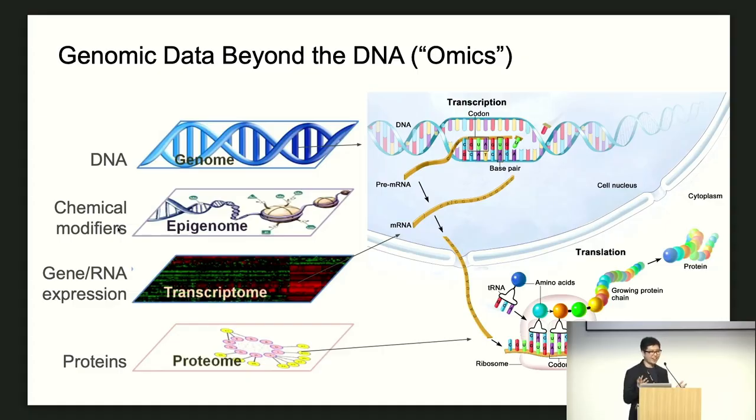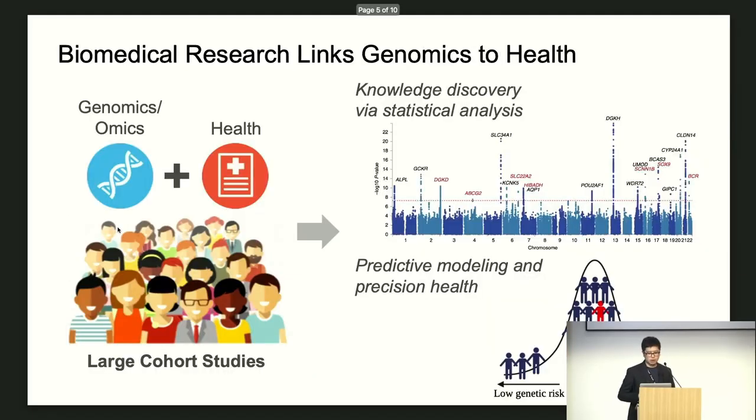In our context, the use of these data and the application of DP to these data types are all within scope of what we are trying to address here. Given these different types of data, one of the major goals of biomedical research is to link all these molecular types of information to health-related information about individuals.